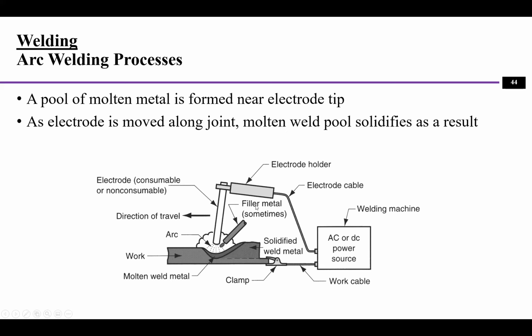Sorry, the filler metal is the same material as the workpiece. The electrode is the one that provides the heat. Then we'll create an arc. The arc will melt the filler metal, and the melted filler metal fills this gap. This is how we can weld things together. And here's the clamp to close the loop.